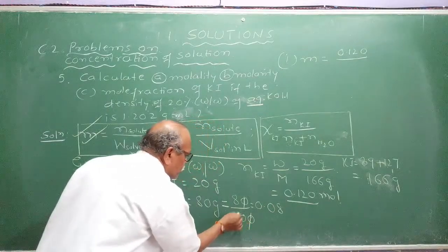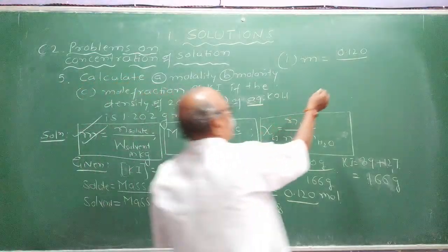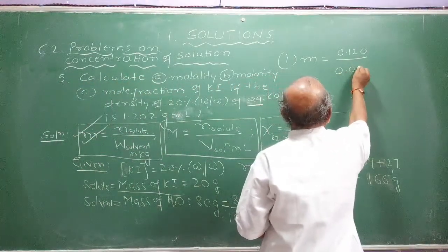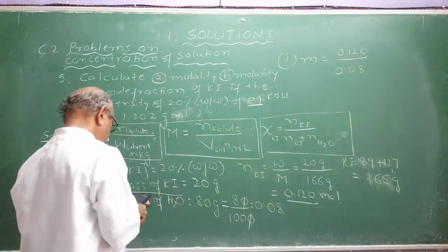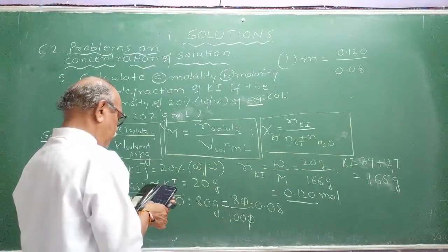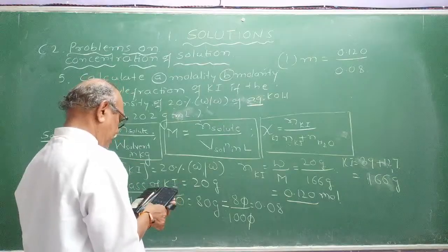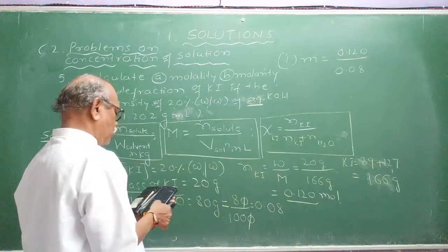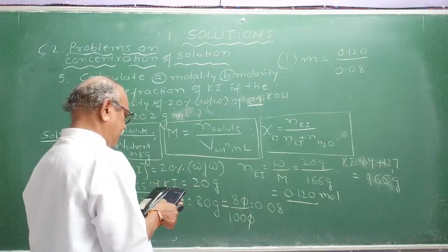If there are 2 zeros, you shift the decimal point 2 places to the left. You got now 0.08. Now you take the ratio of it. That is 0.120 divided by 0.08.